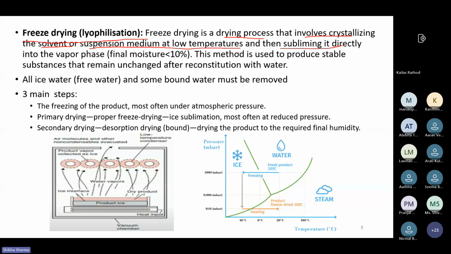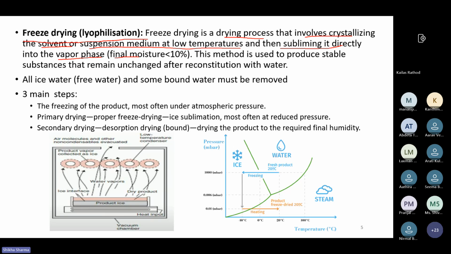Because we are putting the food product at low temperature, ice forms, and then from ice to vapor is directly converted. So the sublimation process happens, and water is removed from ice to vapor directly.